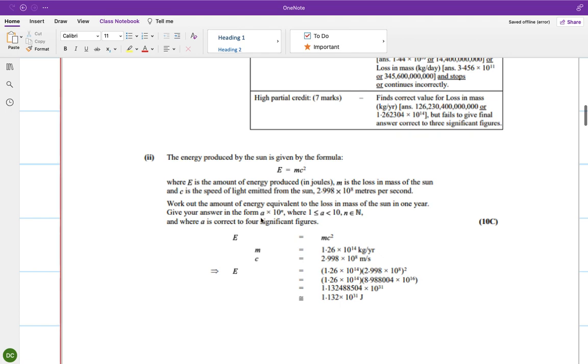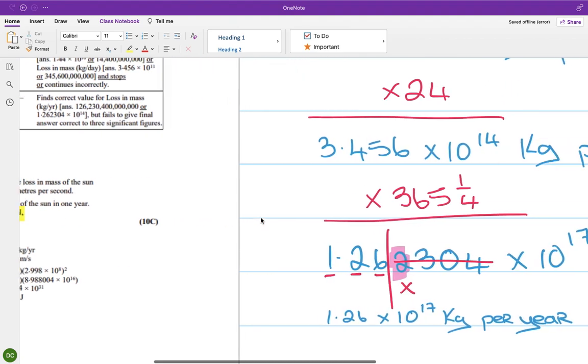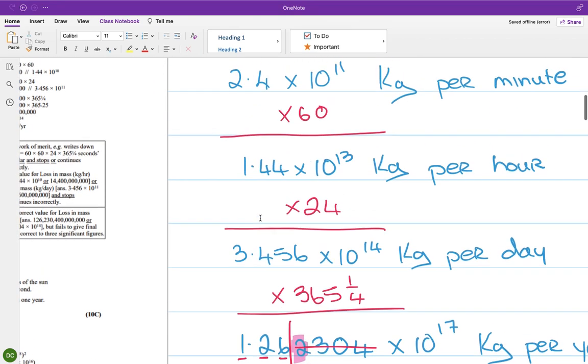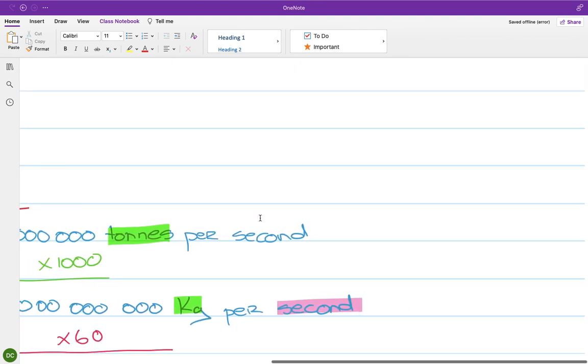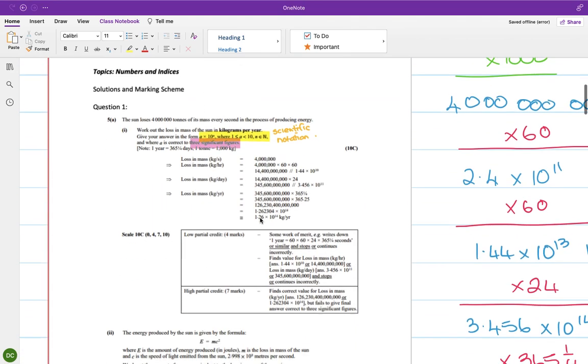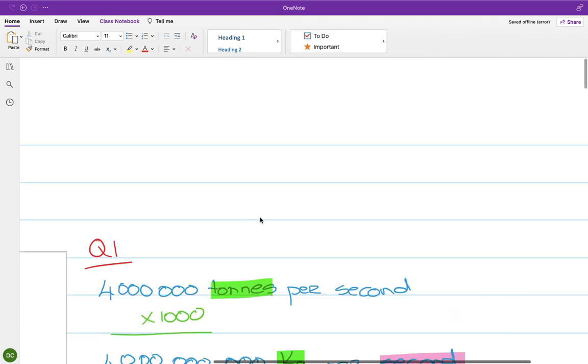Give your answer in scientific notation, and this time it's 4 significant figures. Okay, so we just follow the formula which we were given. Sorry, this is question 1, part 2.